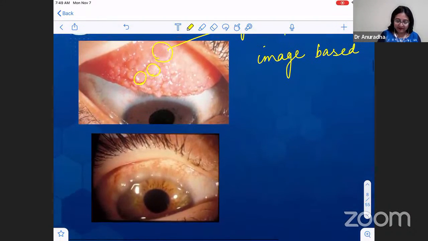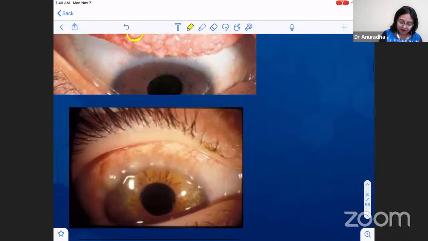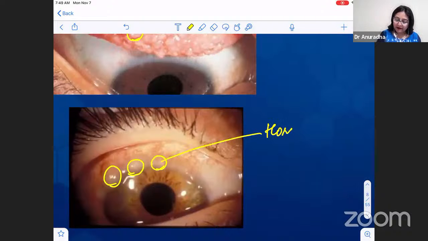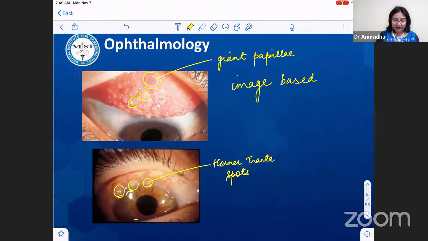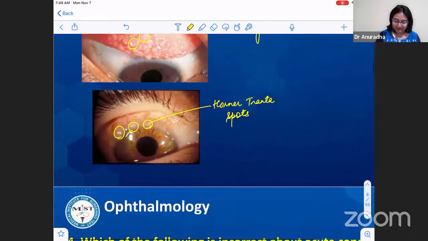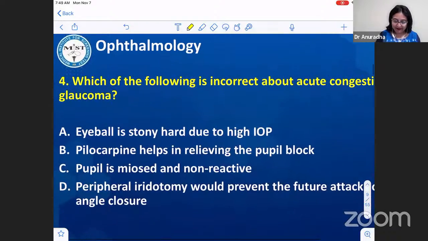And when these lesions are present at the limbus, as you are seeing here, the gelatinous papillae at the limbus are known as Horner-Tranta spots. So simple, and I hope you will not forget these points about vernal keratoconjunctivitis or spring catarrh. Absolutely right. Okay, ready to go ahead? Fine. Let's go ahead.